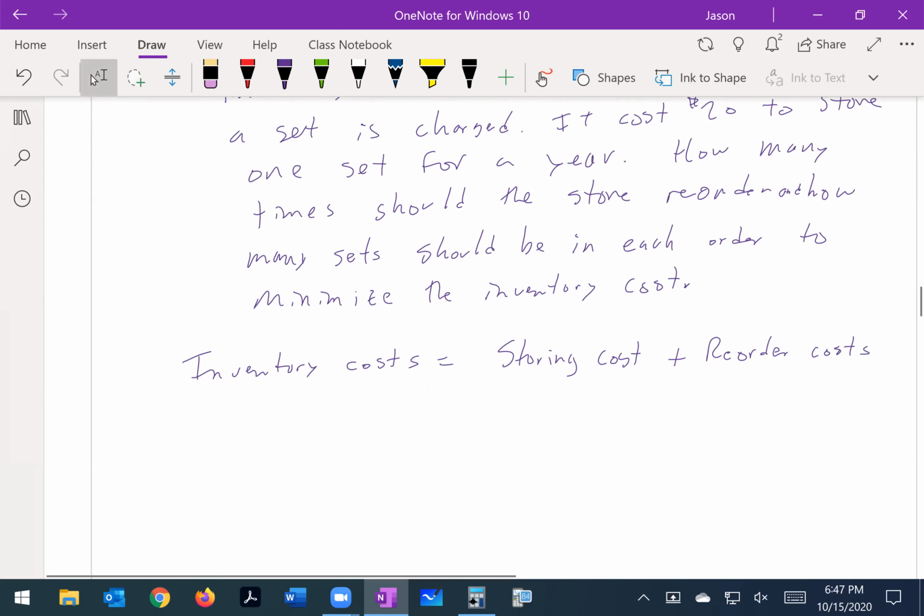Okay, so we know that 2,500 sets will be sold.